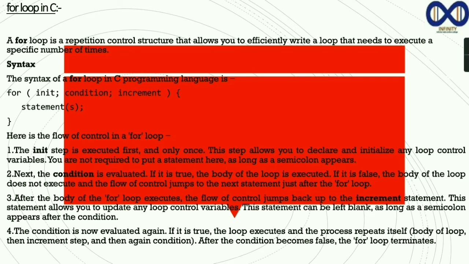The condition is now evaluated again. If it is true, the loop executes and the process repeats itself: body, then increment step, and then the condition again. After the condition becomes false, the for loop terminates.